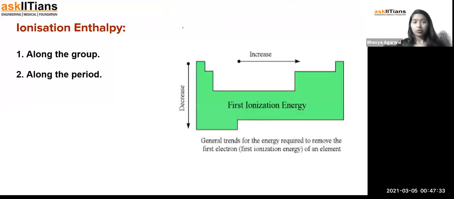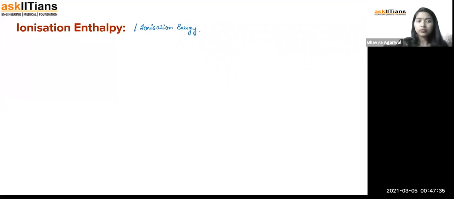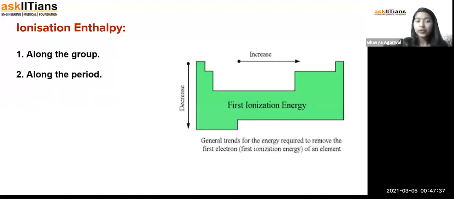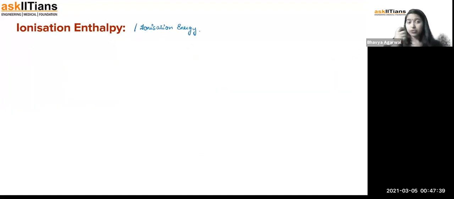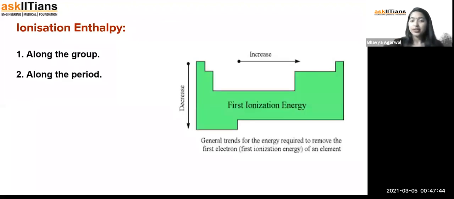Now, whether you're talking about gaining the electron or losing the electron, no element will do it just like that.